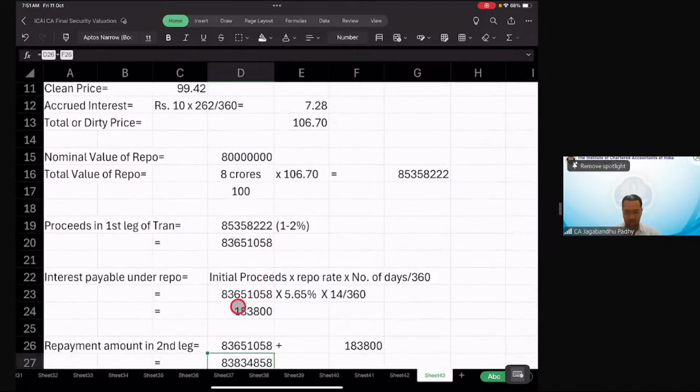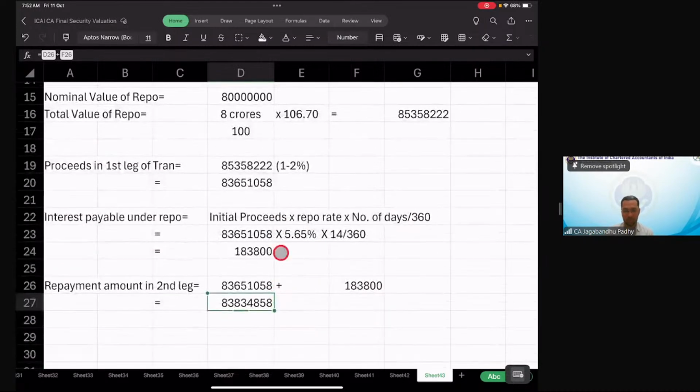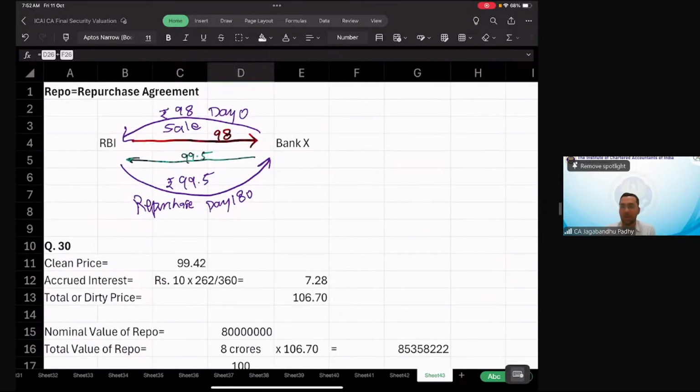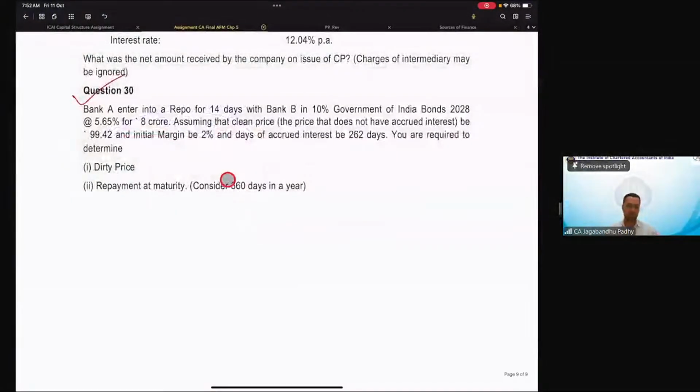Now that accrued interest is computed on this principal for 5.65% for 14 days, and the total amount that you have to pay is just the sum total of these two. Okay, so that's how the repo transactions are typically structured. And why do we call it repurchase now? That's what is clear in this typical repurchase question.